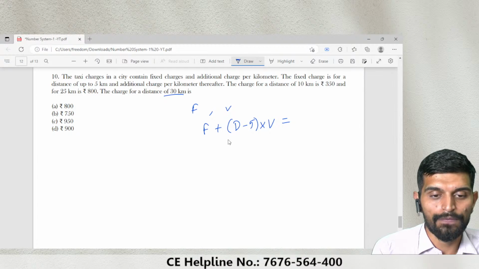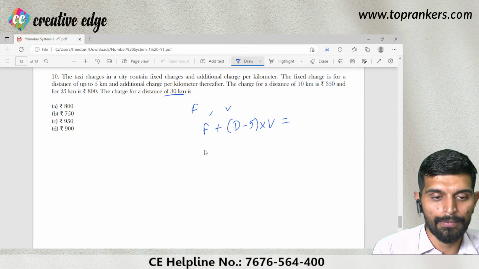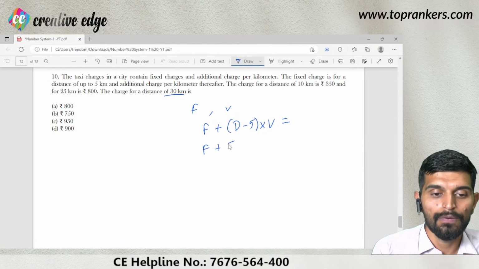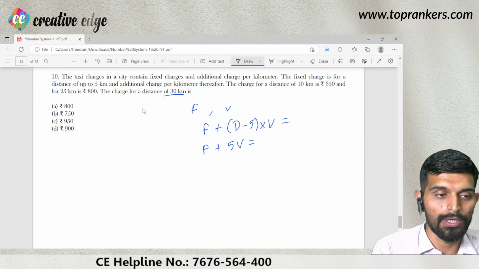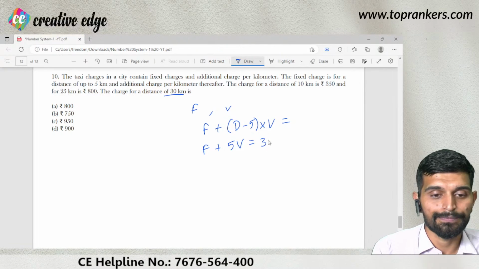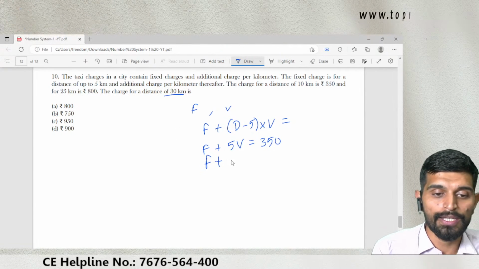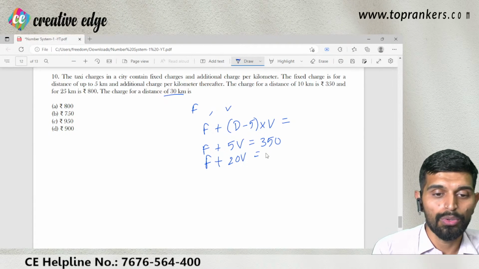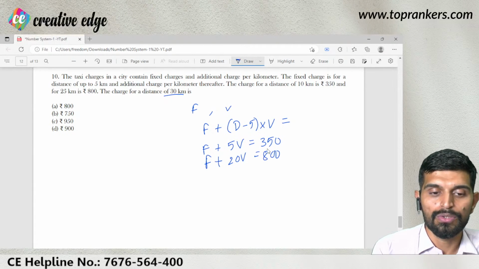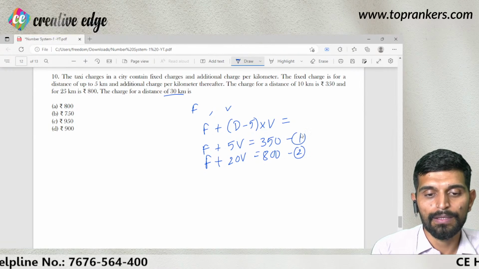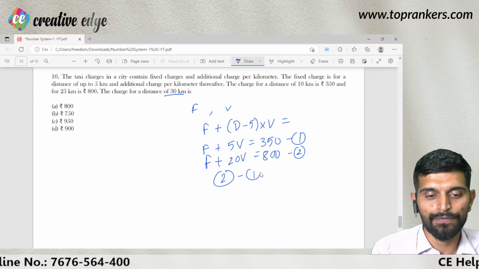So for 10 kilometers we have F plus 5V is equal to 350 and F plus 20V is equal to 800, right? So from these two equations, we can determine the value of V by subtracting 1 from the 2.